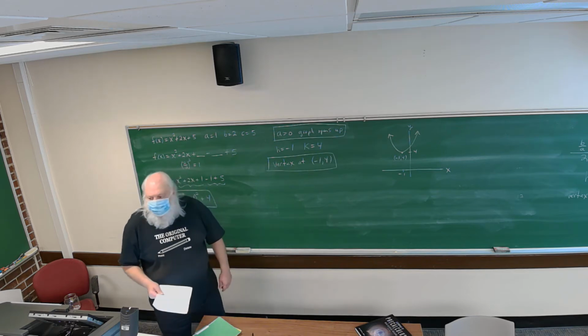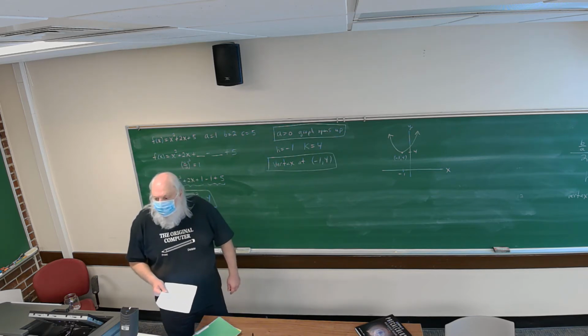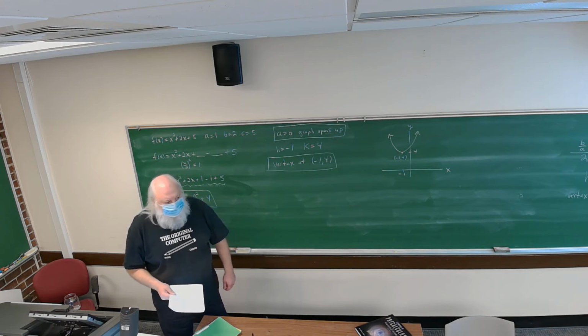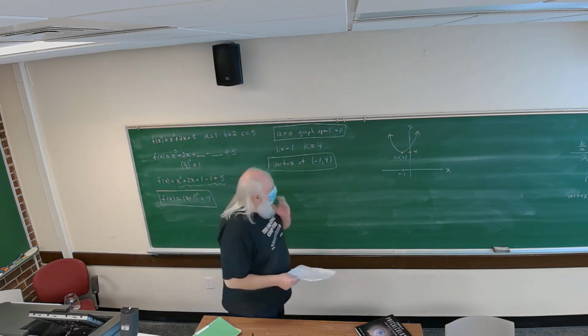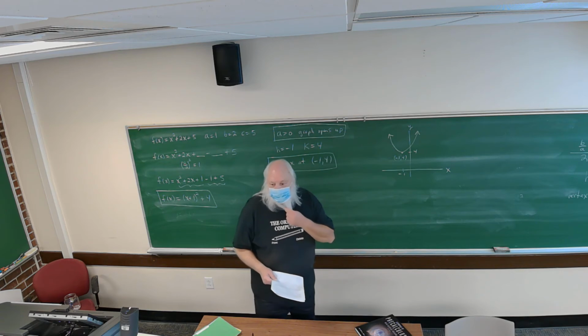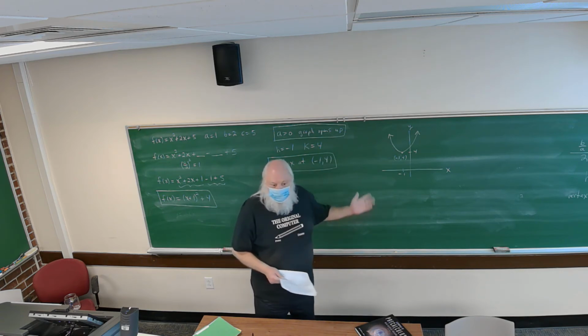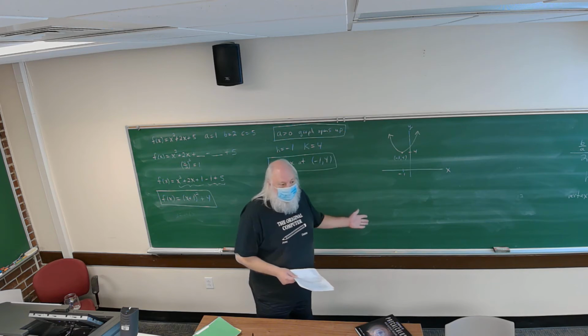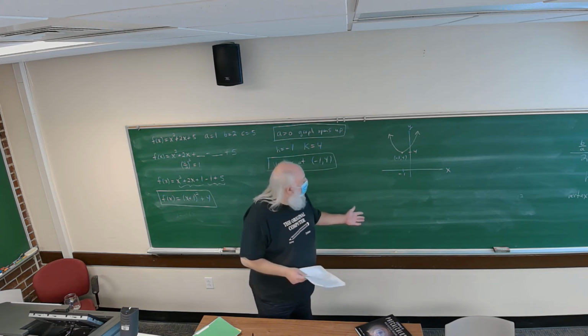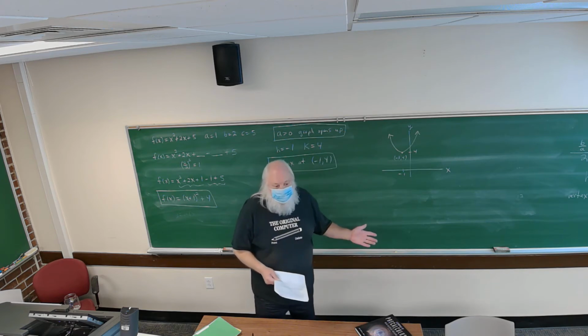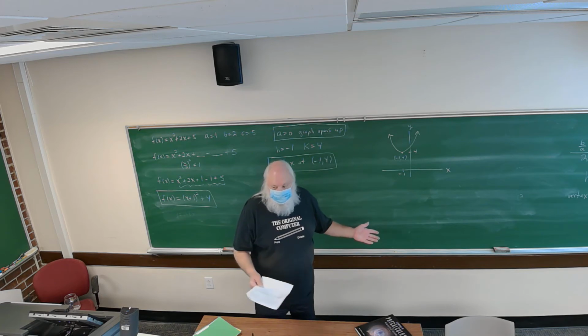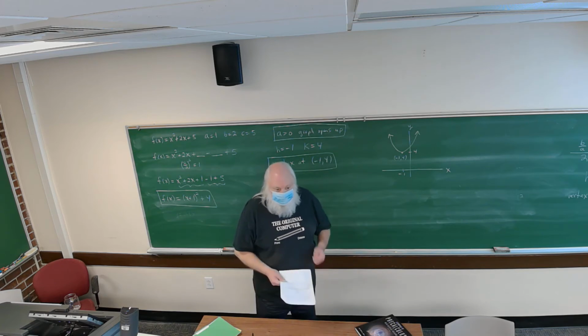What's the domain of all quadratic functions? Yeah. Okay. But the range is limited, right? What's the range on this one? It's the y coordinates, right? What's the lowest y coordinate? What's the largest y coordinate? So the range is 4 to infinity.